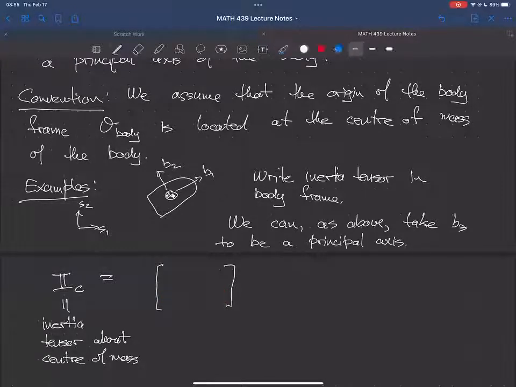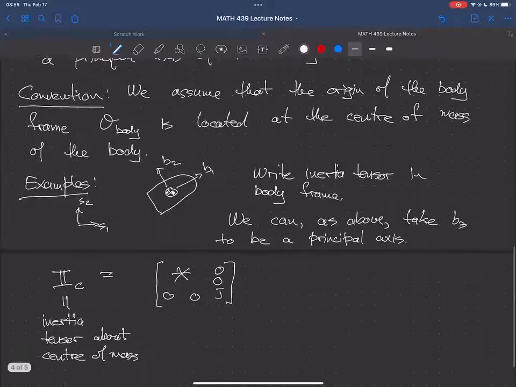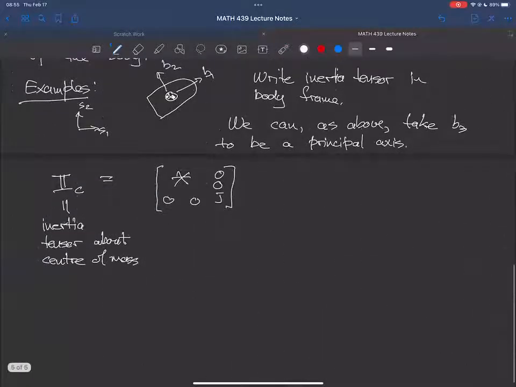And so what that means is that I get 0, 0, and there's some number here, which is the inertia corresponding to the principal inertia that corresponds to the principal axis B3. And then I have stuff here that I don't really care about. Okay, and again, we'll see later why it is we don't care.